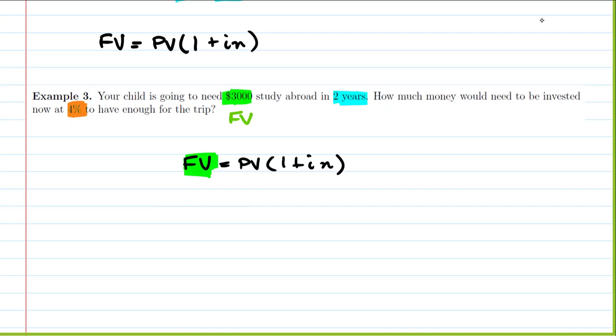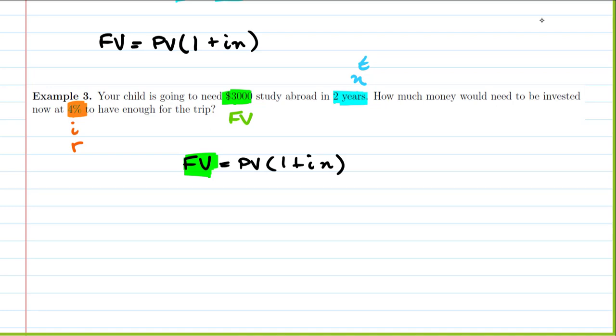So our interest rate is 4% per year times 2 years. So we can use this with either this being n and this being I. You will also note that this would have worked if we would have used the other formula because we're given an annual rate and we were given years. Either way, if you substitute them in, you get the same thing.